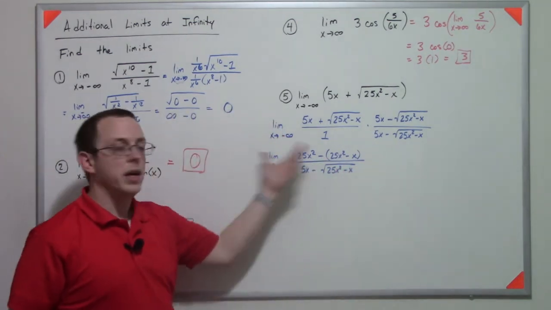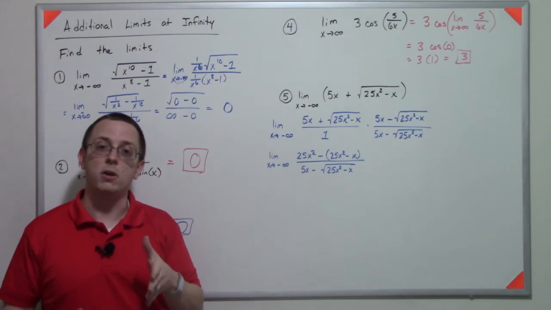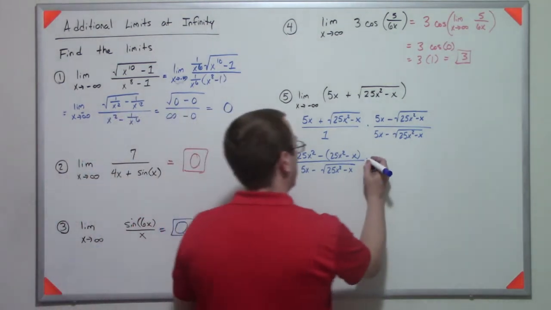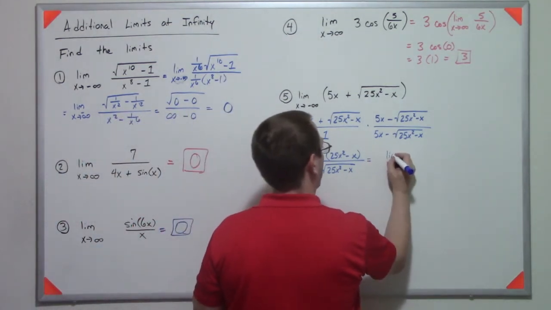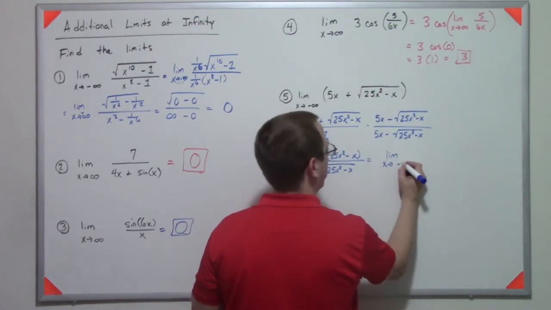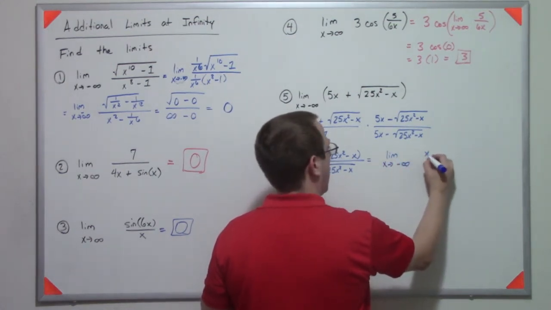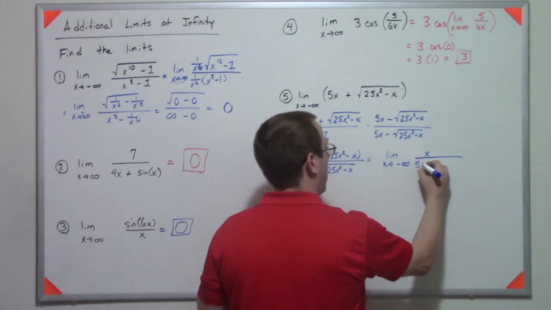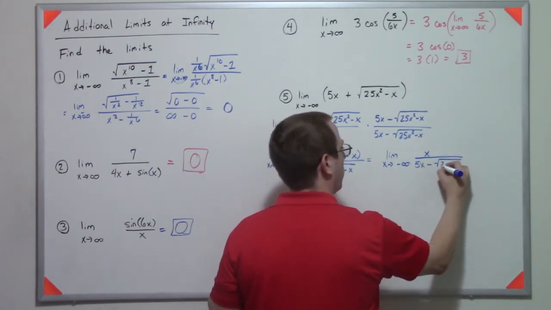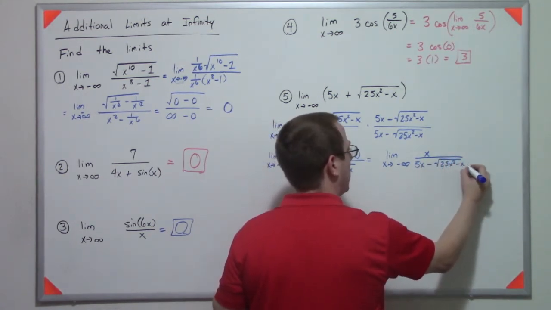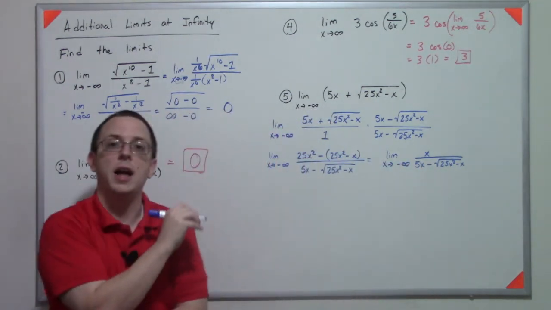So what you're going to find is these 25x squareds are going to cancel. You're going to end up with the limit as x approaches negative infinity of x over 5x minus the square root of 25x squared minus x.